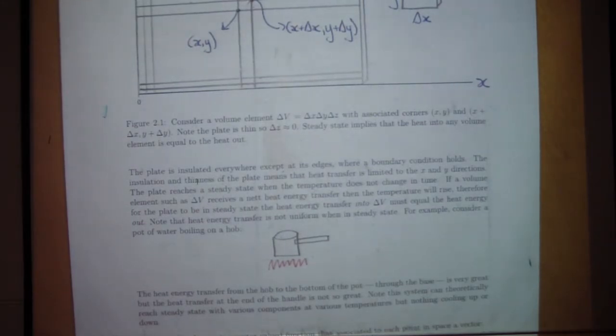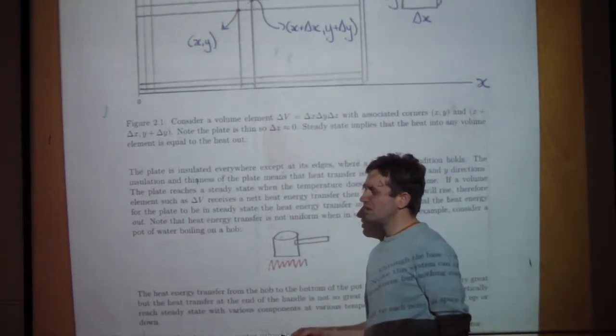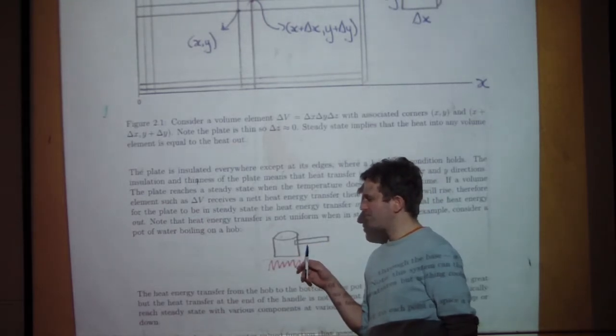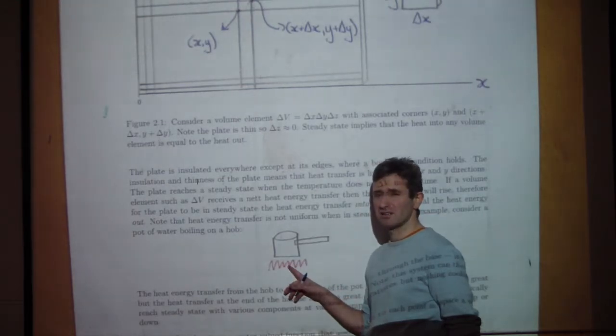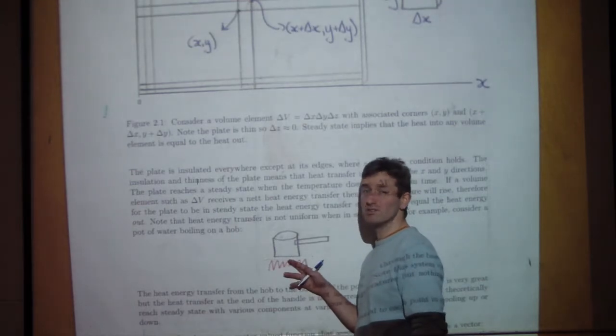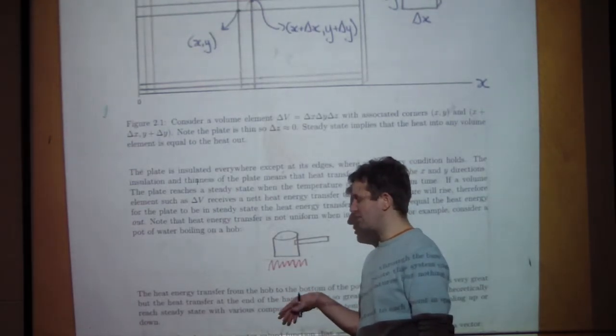And now we've got heat energy flow. Now you could say this doesn't really get to steady state because the water evaporates and stuff. But let's say this isn't that hot. Okay, look, it doesn't really matter.